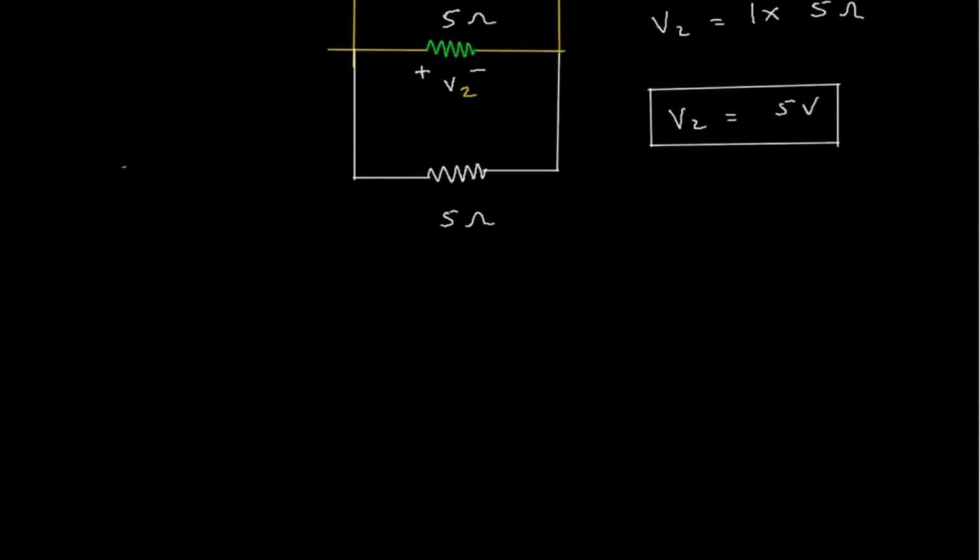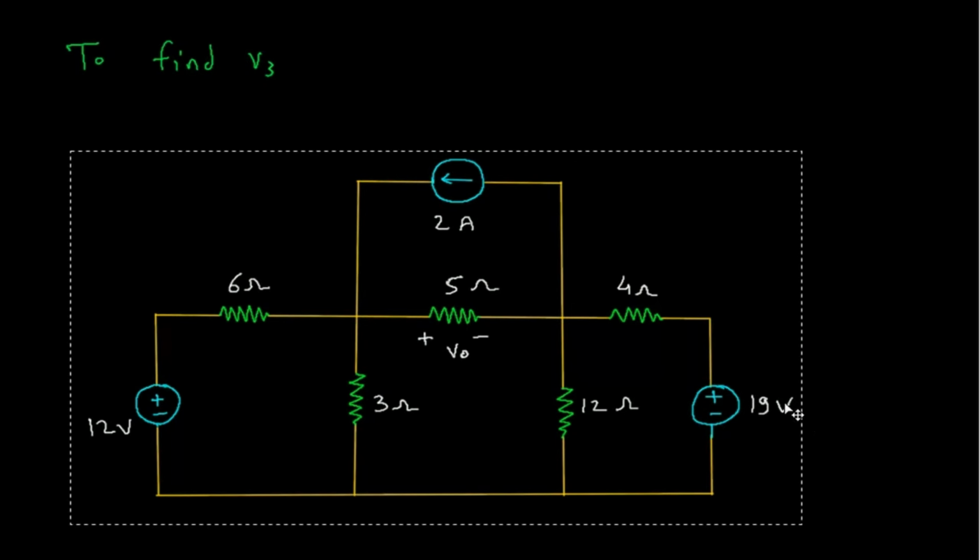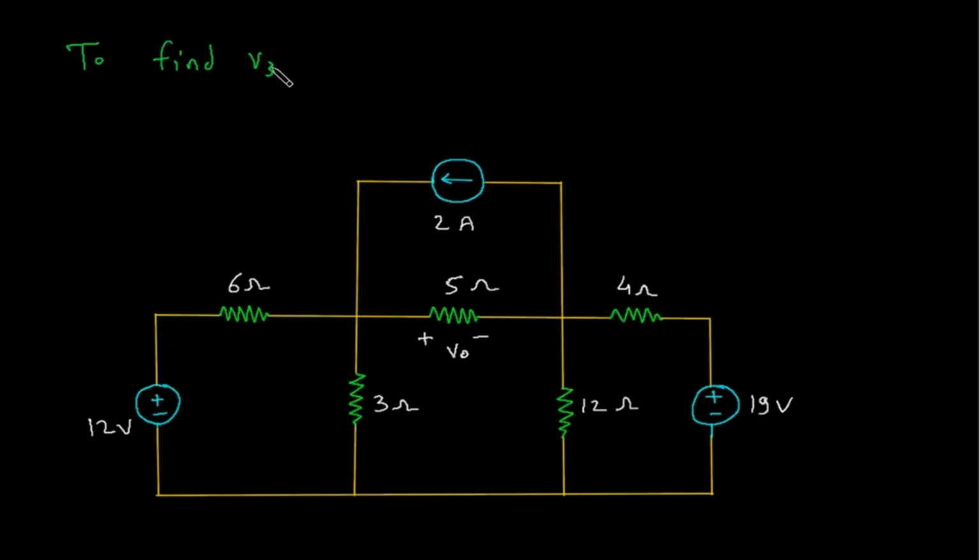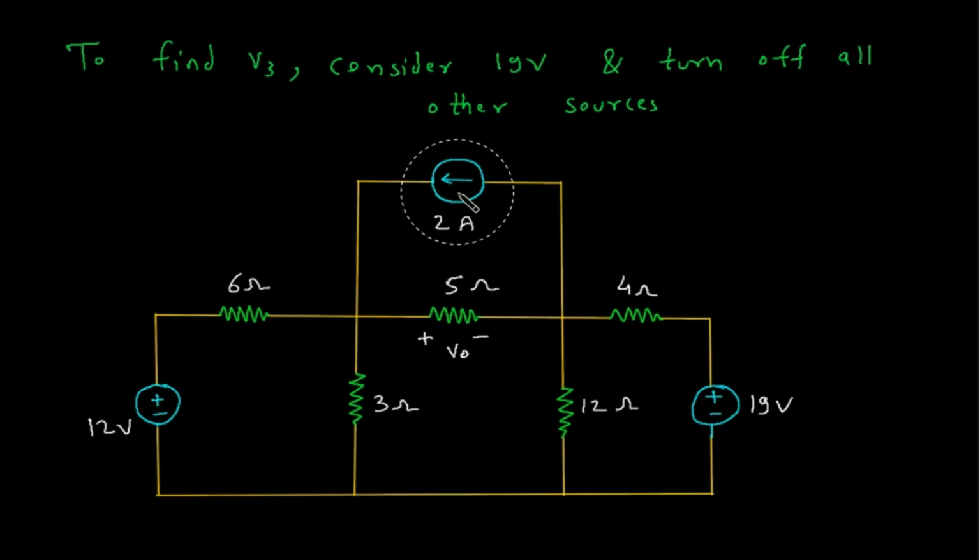To find V3, we will consider this 19 volt source and turn off all other sources. Since this is a current source, it will be turned off and open circuited.